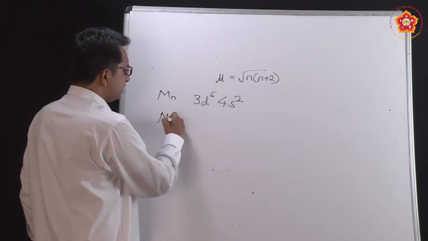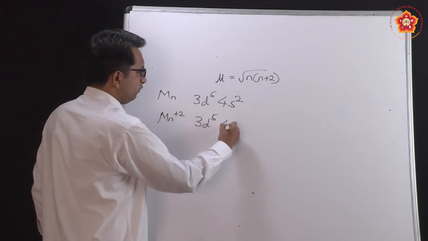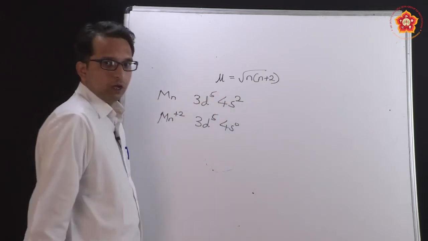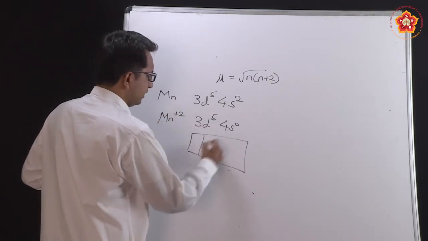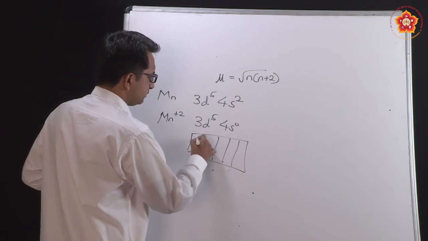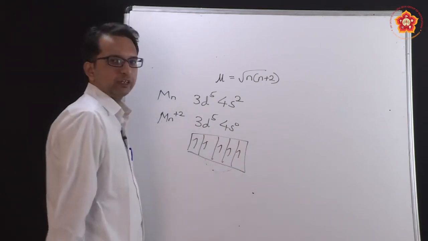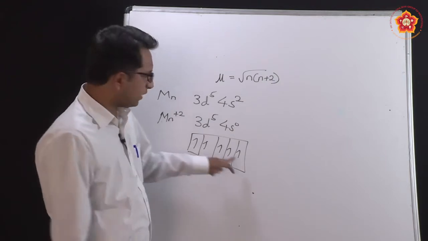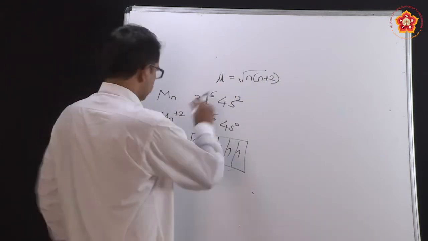When I consider a divalent ion, I am going to remove 2 electrons from 4s. Now, how do I write the 3d electrons? We know very well that d has 5 orbitals, and each orbital will have 1 electron. So, these 5 electrons are all unpaired, and therefore, the value of n becomes 5.